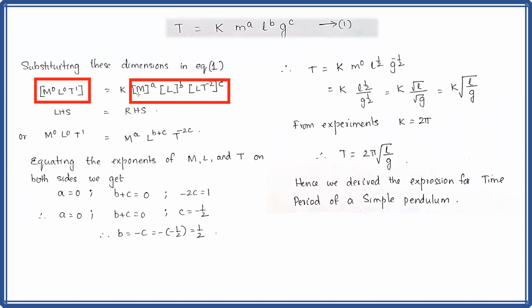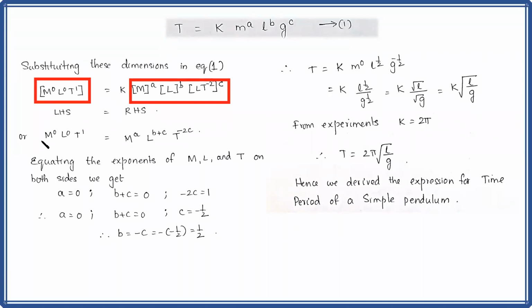So we have written all those dimensional formulas, and we have taken the exponents: m to the power of a, l to the power of b, LT minus 2 to the power of c. According to the consistency of the equation, that is we have seen in the first example, that is homogeneity of dimensional formulae, LHS is equal to RHS.